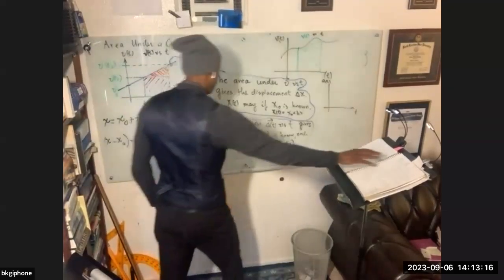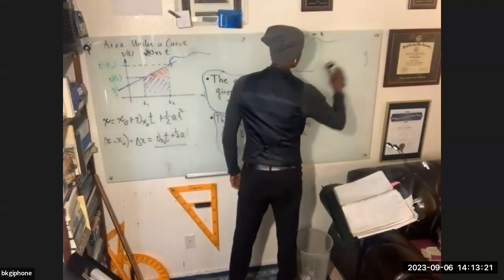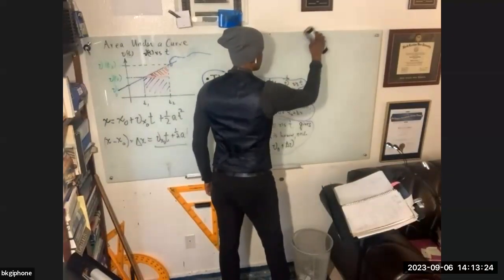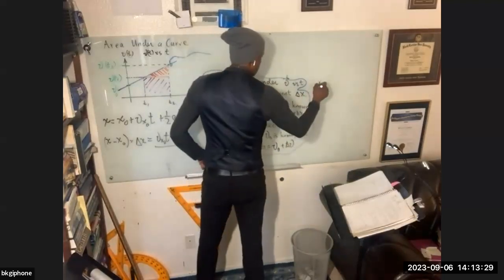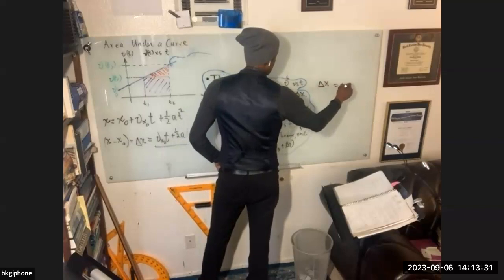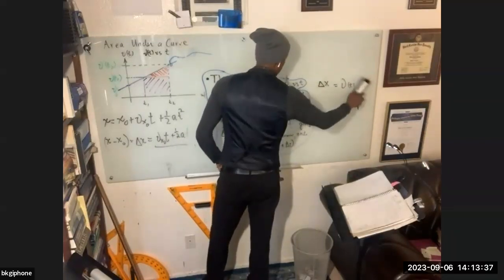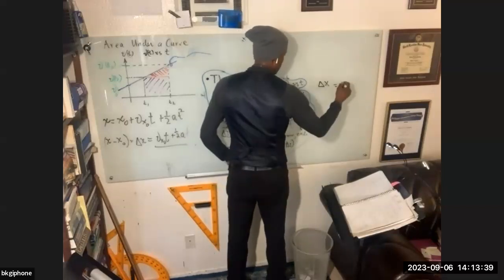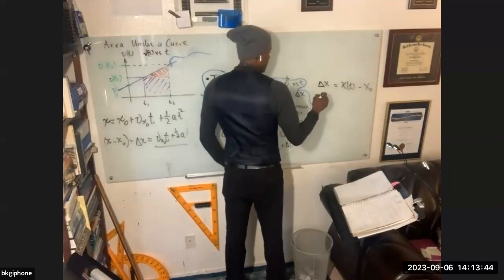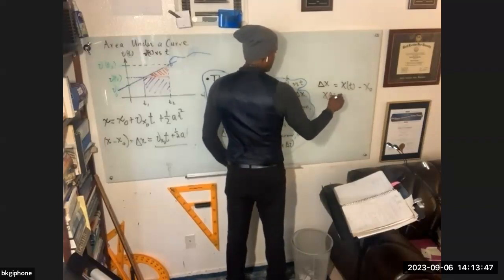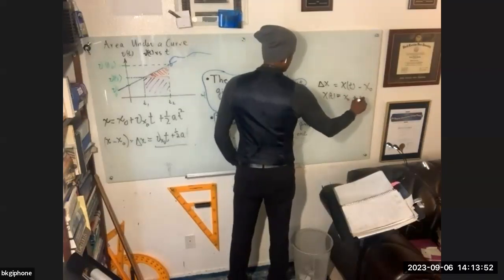What I'm writing here is, since delta x is defined as x of t minus x naught, then x of t, the final position, is going to be equal to x naught plus delta x.